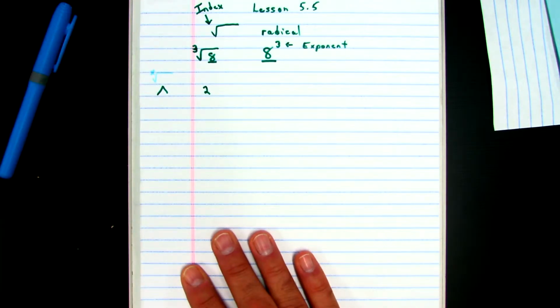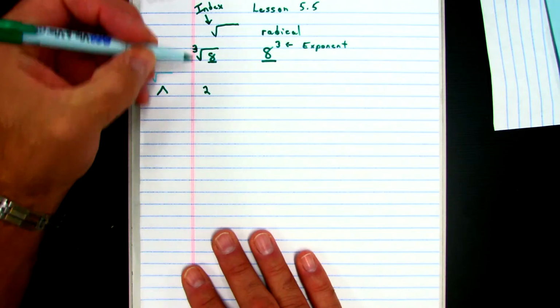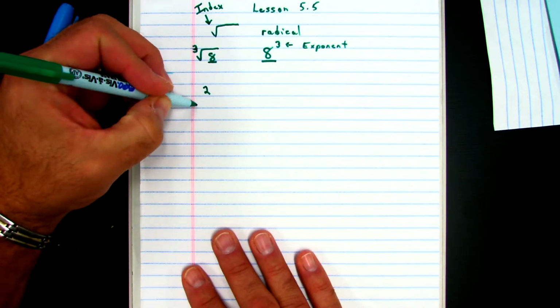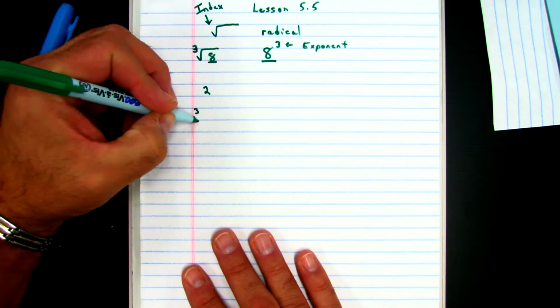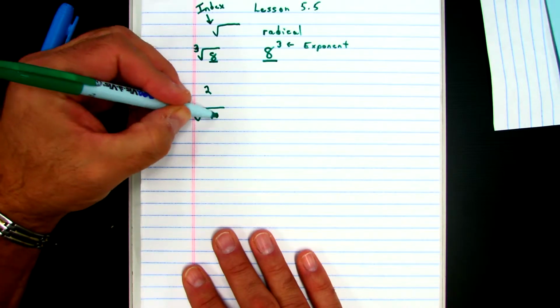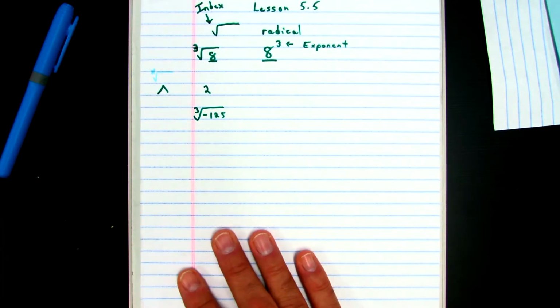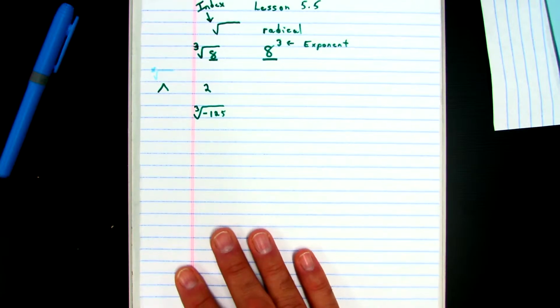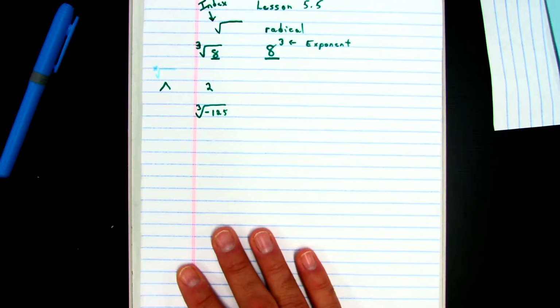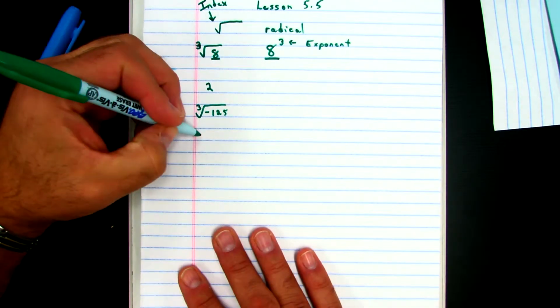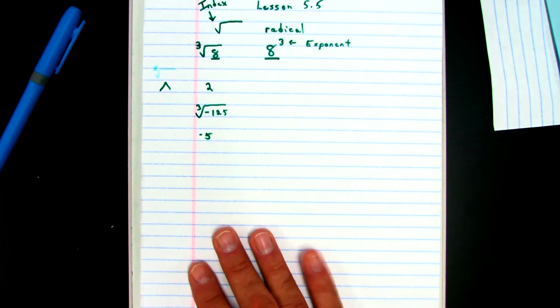Just to double check to make sure you're doing it correctly, now I would like you to do the cube root of negative 125. And as you type it in on your own this time, you should get the answer negative 5.